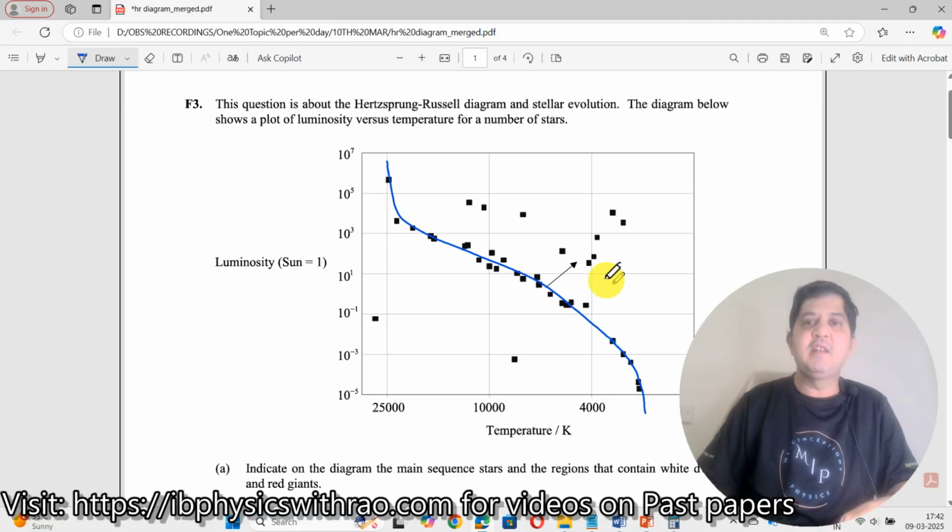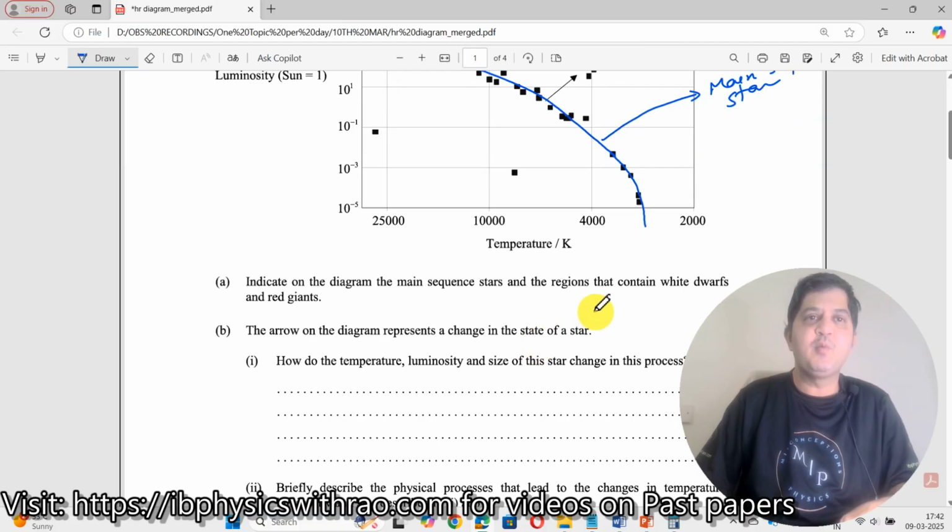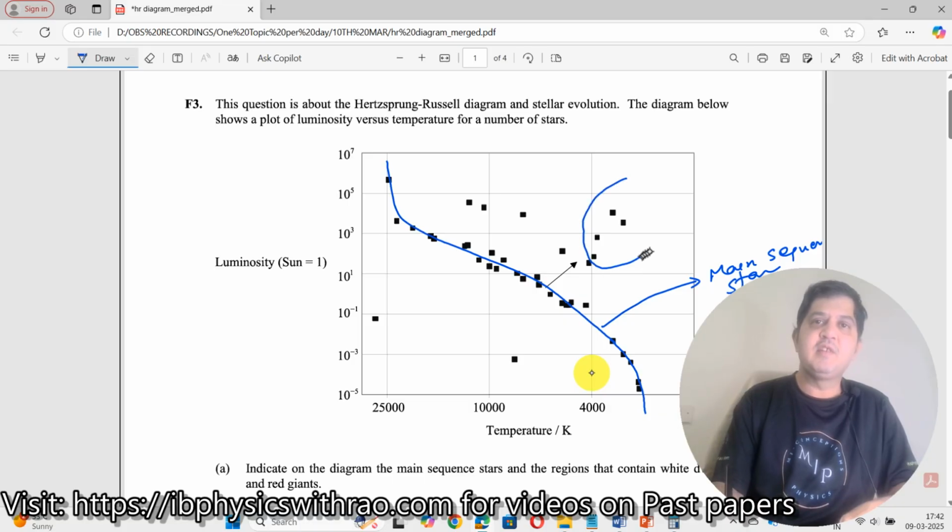Then what is he asking here? We have represented the main sequence stars. Let me write it down here. This is your main sequence star. Then the next is the regions that contain white dwarfs and red giants. Red giants, the topmost here, these are known as red giants.